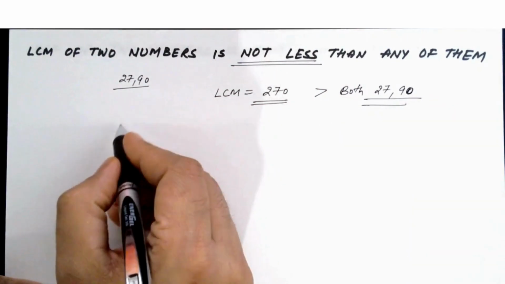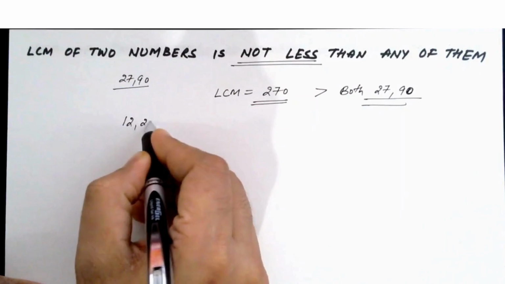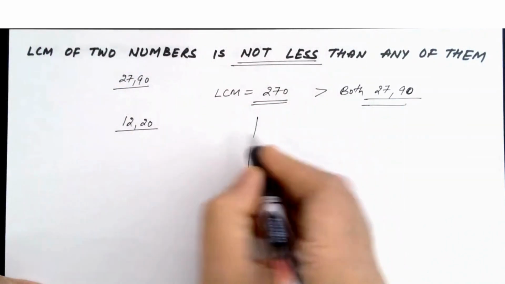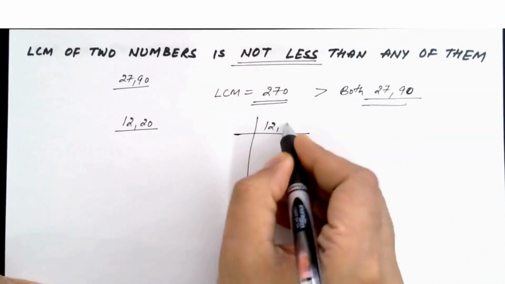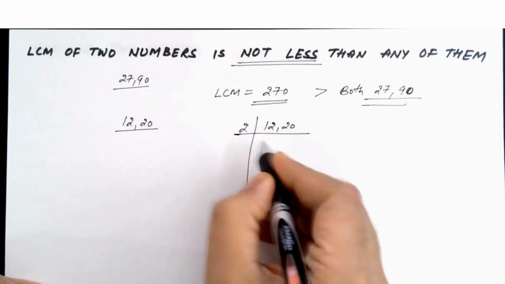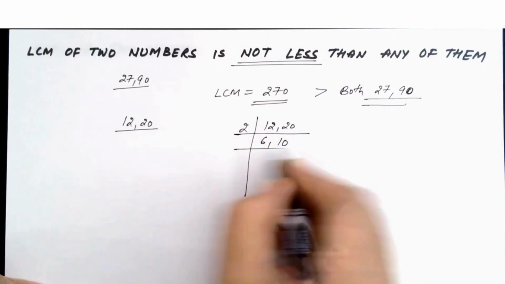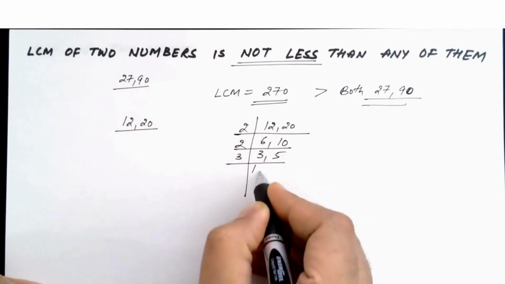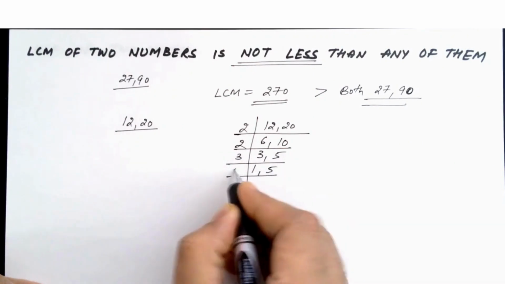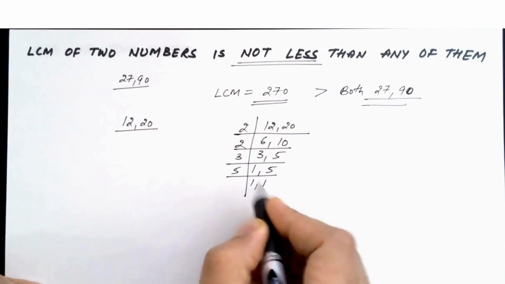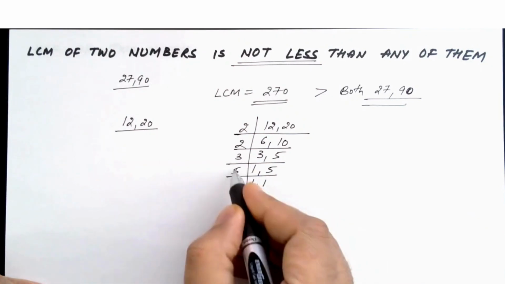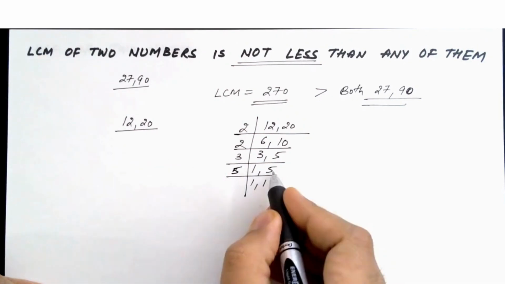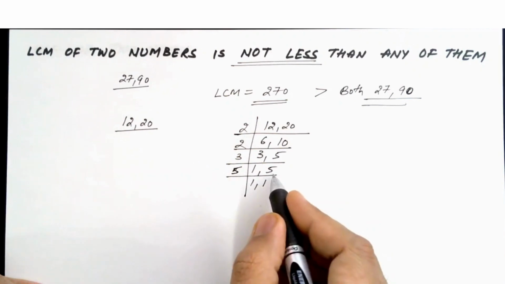In the same way, if we take the example of 12 and 20 and we find the LCM, we divide by 2, then divide by 2, then divide by 3, but 5 doesn't have 3, then divide by 5, and 1 doesn't have 5, but we have at least once 5 appearing.